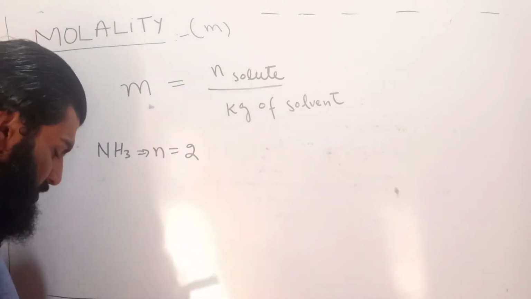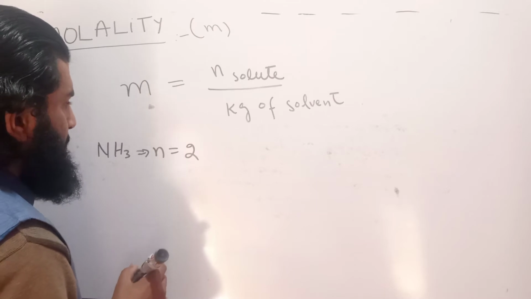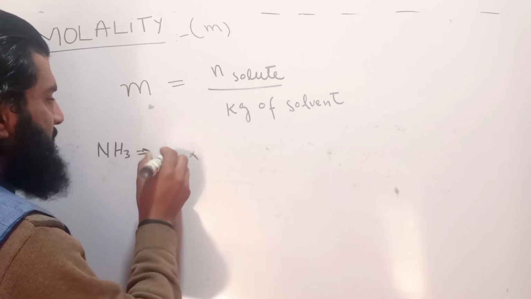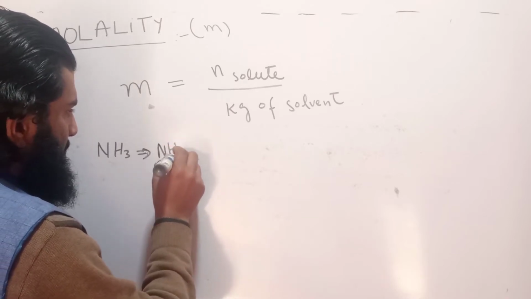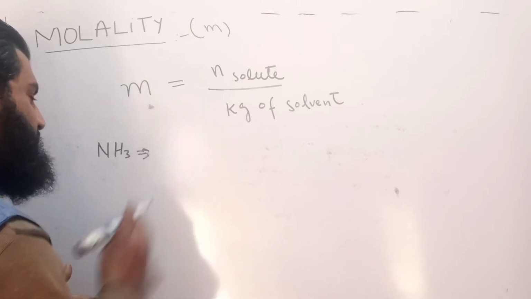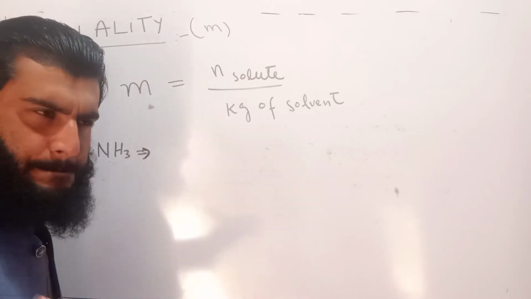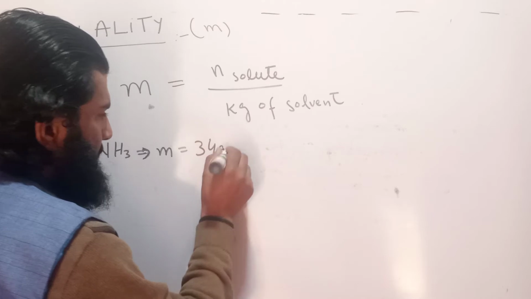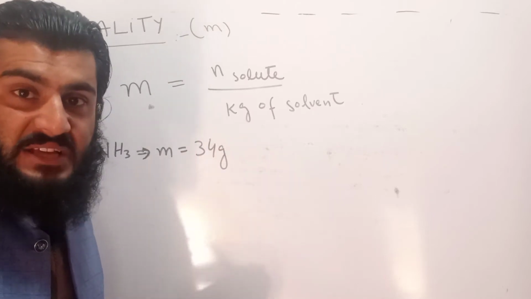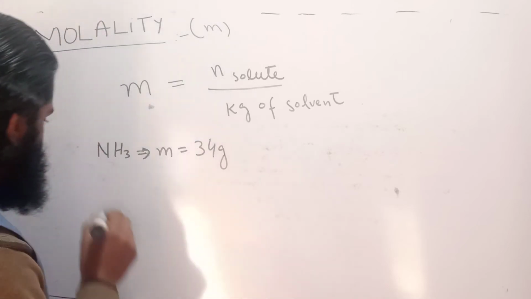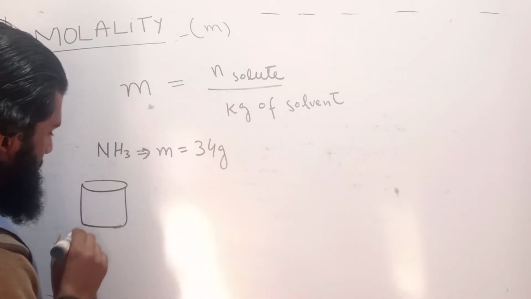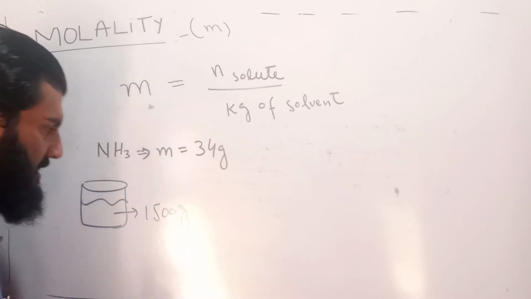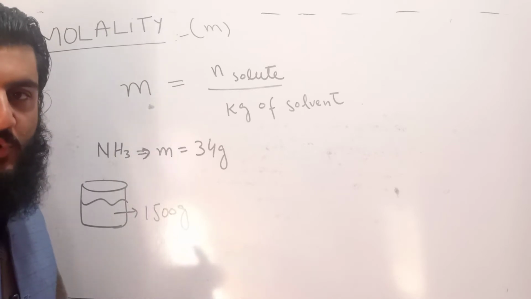The next case of molality is that if we dissolve a mass of NH3 equal to 34 gram in a solvent whose mass is 1500 gram, what will be its molality?